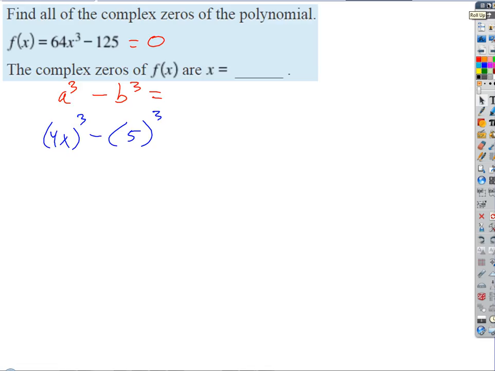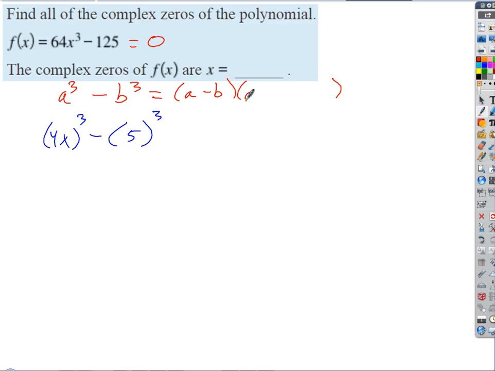So remind me real quick, what is the difference of cubes pattern? Remember? Okay, good. So whatever the sign is between the cubes, that's the sign that goes between the A and the B, right? What's the rest of it? Valerie, you remember the rest of it? So we get A minus B, then what?